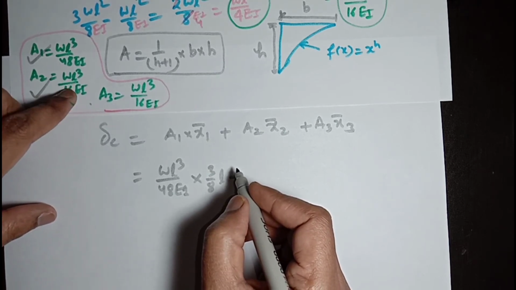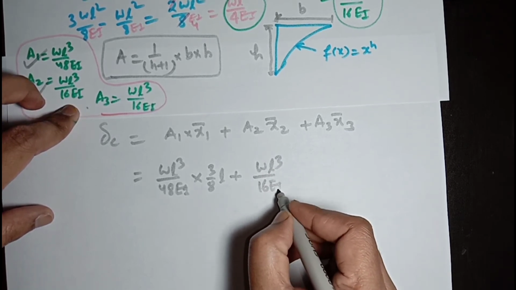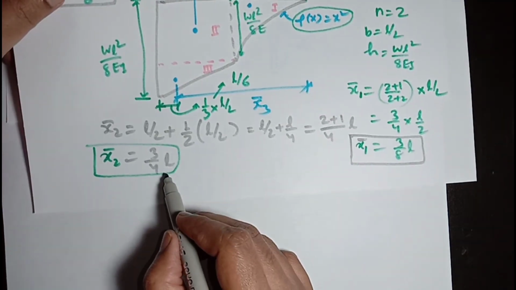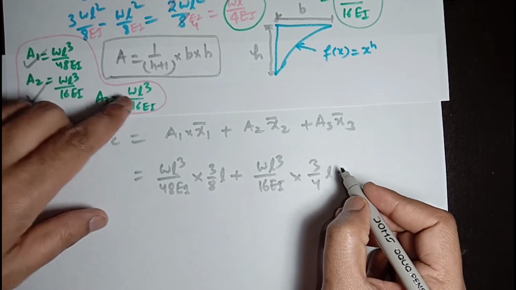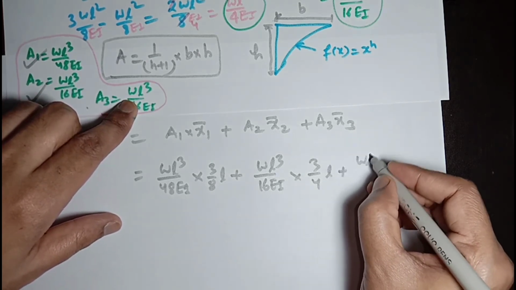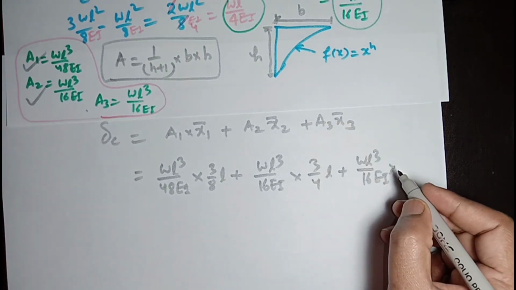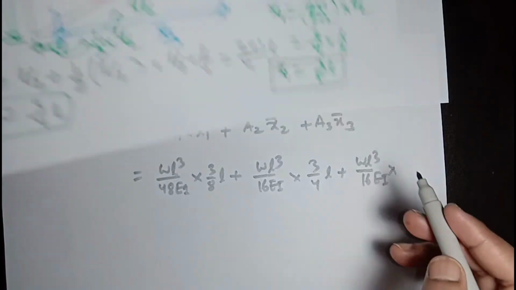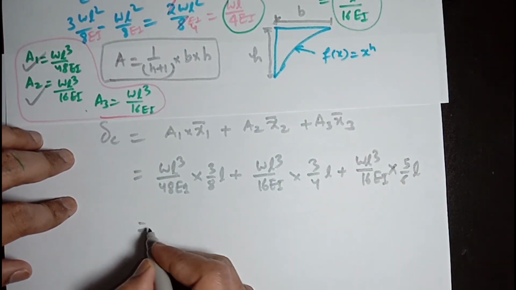In place of A2 we will put WL cube divided by 16 EI and multiply with x2, 3 divided by 4L. In place of A3 we will put WL cube divided by 16 EI, multiplying with the value of x3 as 5 by 6L.